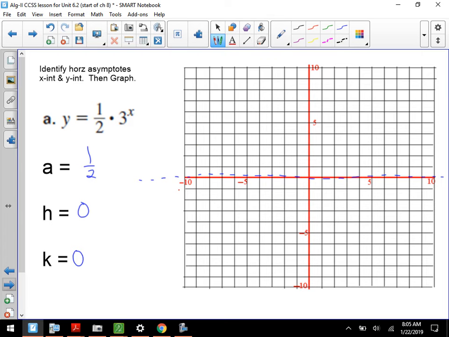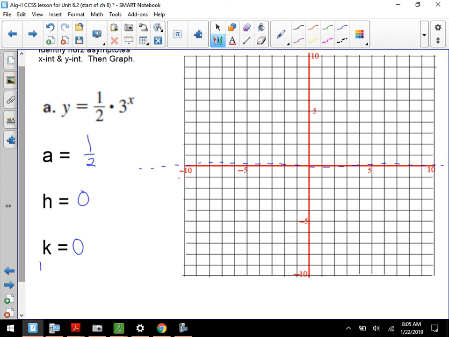The horizontal asymptote is at y equals 0. If there was a K value, guess what it does to the horizontal asymptote? Correct. Which means that your horizontal asymptote will always be located at your K value. Very good. Horizontal asymptote will be located at your K value.